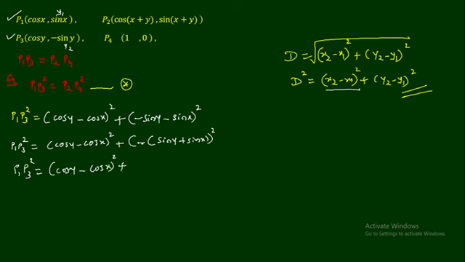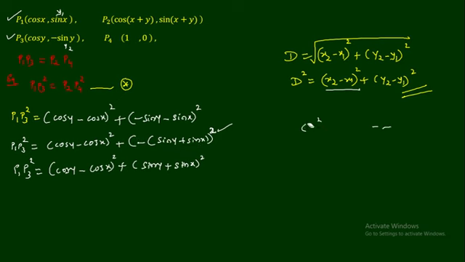Then here, students, minus square will become plus, so forget that, sin y plus sin x the whole square. I repeat once again, minus square is minus into minus, that will be plus, so no need of writing that, just sin y plus sin x the whole square.